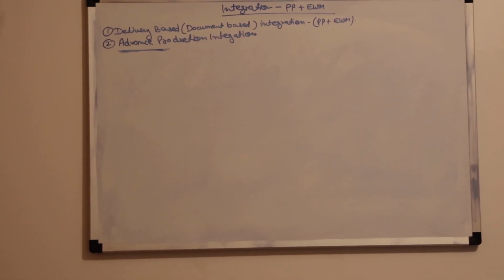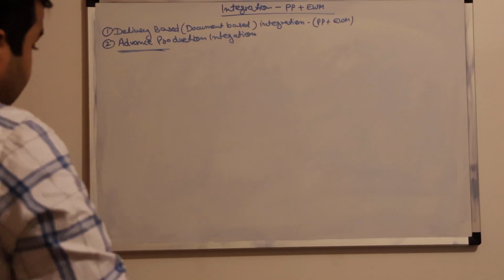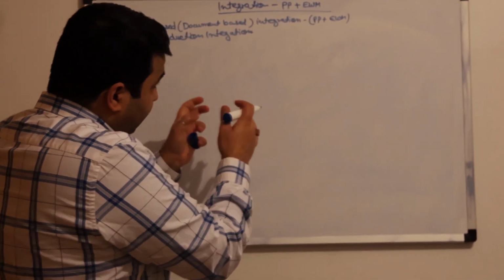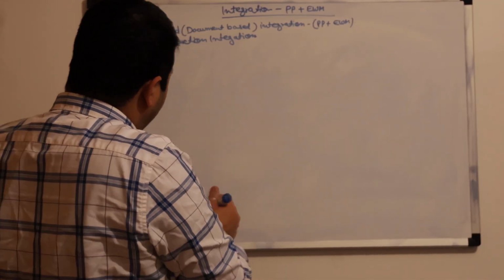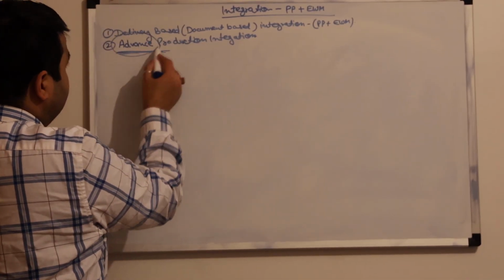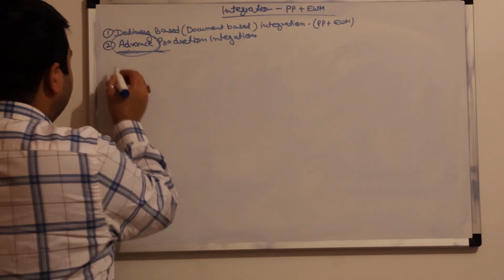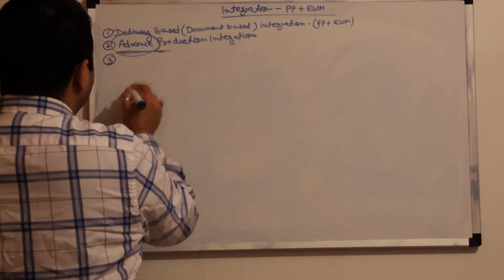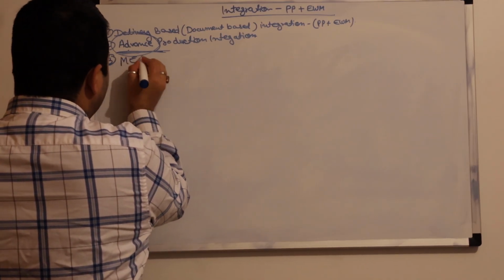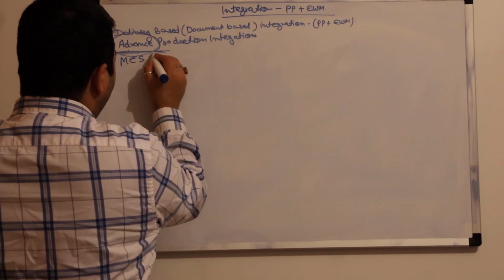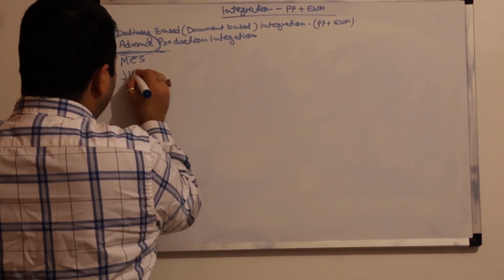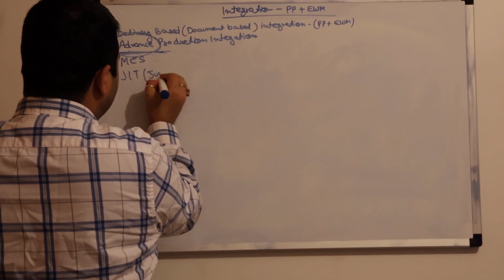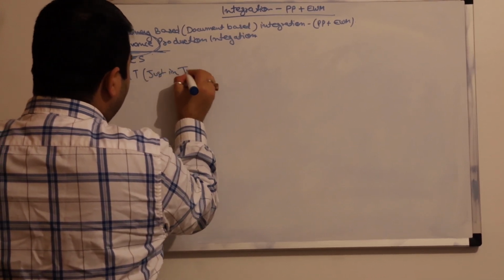There is a specific reason that this integration is named the advanced production integration. Number 3 we have MES. Number 4 we have JIT, in full form just in time.